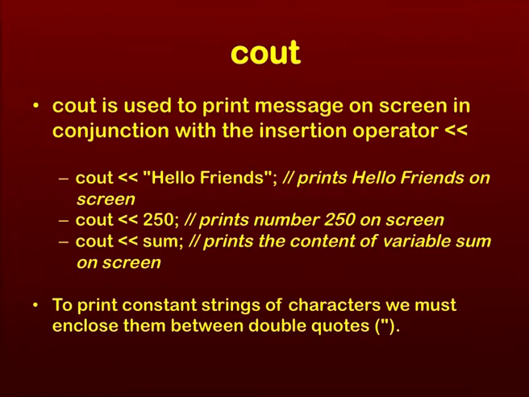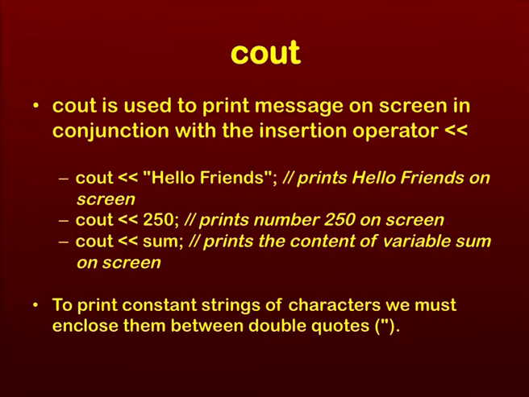cout << sum. Sum is a variable and the value of sum, whatever it is, will be printed when this statement is executed. If we are printing text messages, that is strings, we have to put them in double quotation marks. If we have to put the value of a variable, we have to simply write the name of the variable.